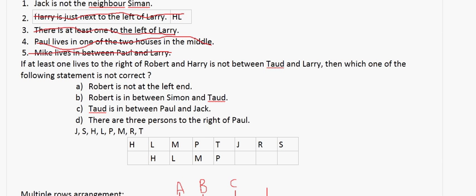So this is also possible, or is it not? It says Ted is between Paul and Jack, right? Seems it's possible, right? Here if we do that, Ted is between Paul and Jack, right?